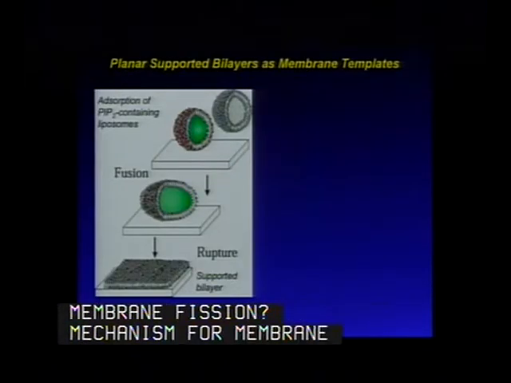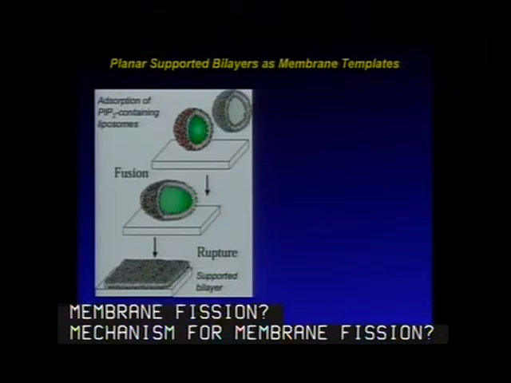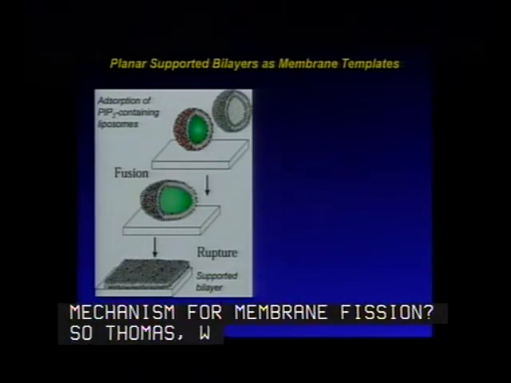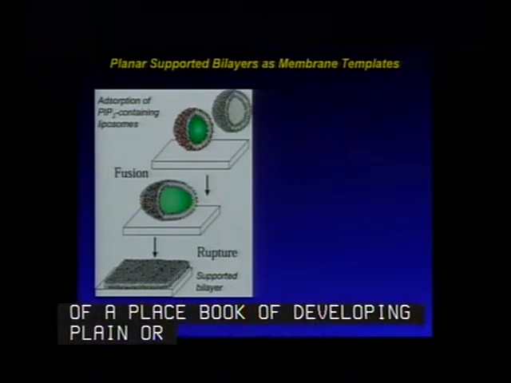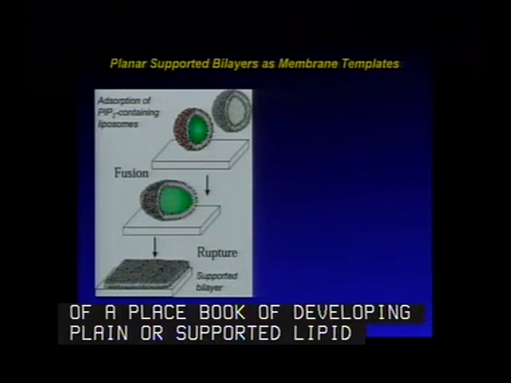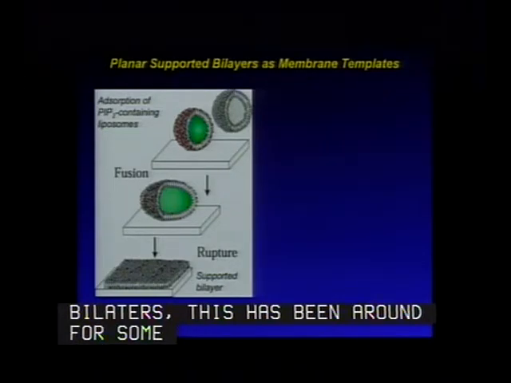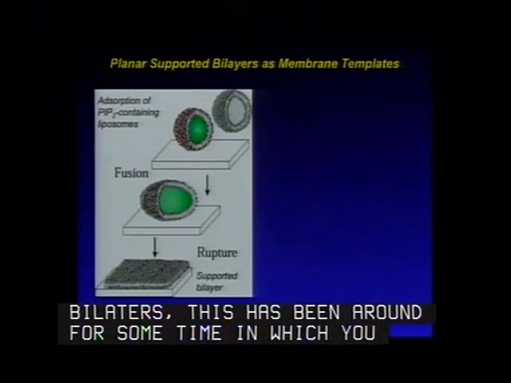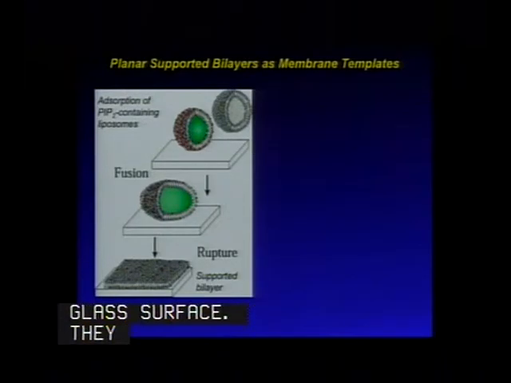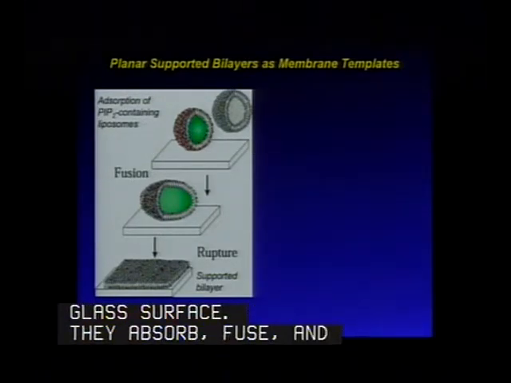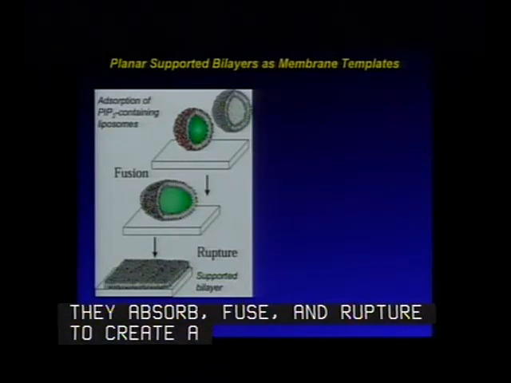So enter Thomas Pucadil, who took a page out of the playbook of developing planar supported lipid bilayers. This method has been around for some time, in which you take liposomes and absorb them to a glass surface. They fuse and rupture to create a supported bilayer on these glass surfaces.